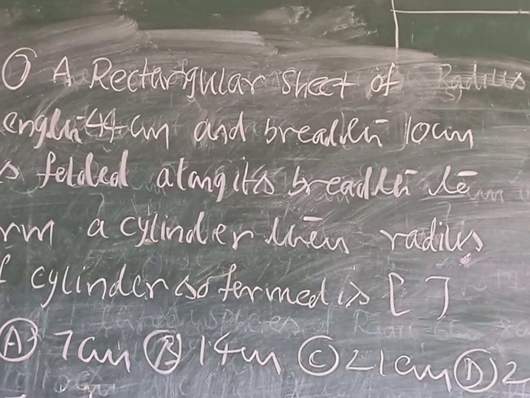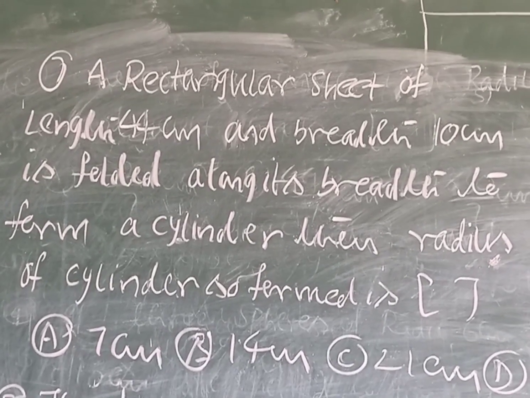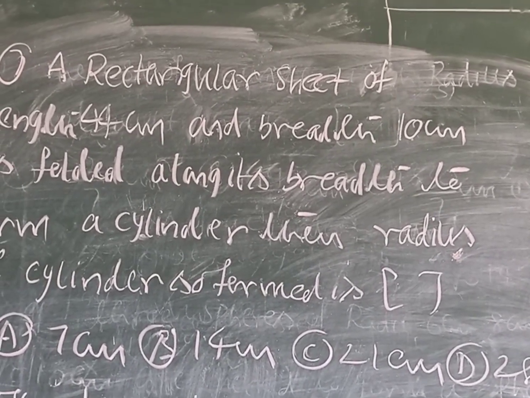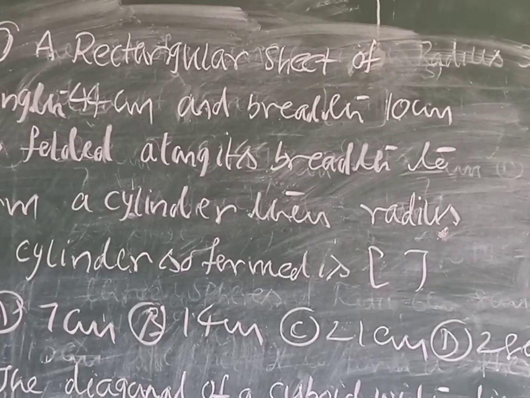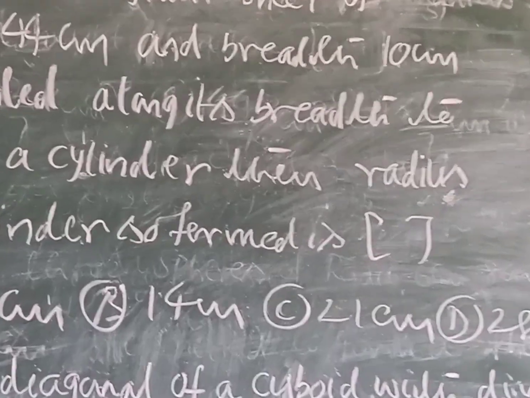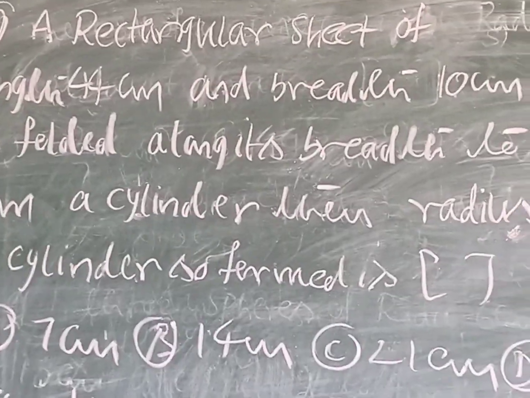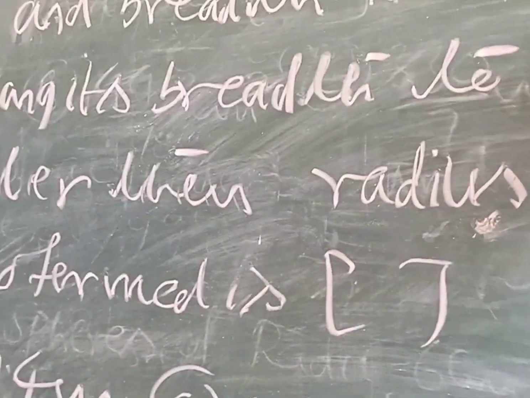A rectangular sheet of length 44 centimeters and breadth 10 centimeters is folded along its breadth to form a cylinder. Then the radius of the cylinder so formed is.